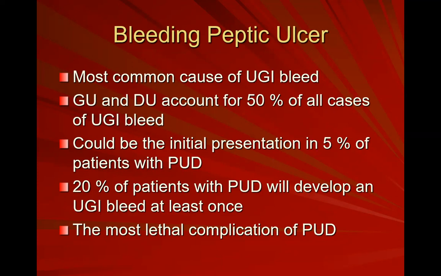With eating, you can differentiate between duodenal and gastric. So which one would increase with eating? Gastric. Why? Because we have higher acid secretion in the stomach. And which one would be relieved with eating? The duodenum. All right. With that being said, only 5% of patients with peptic ulcer disease would initially present with bleeding right away, before the pain would start.